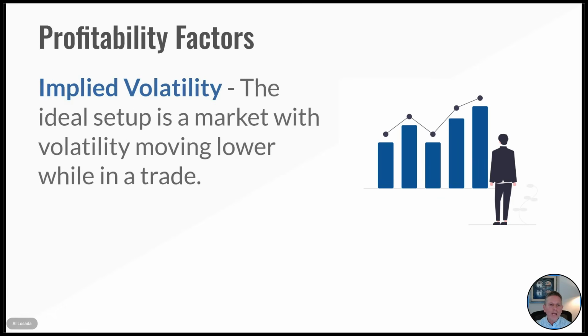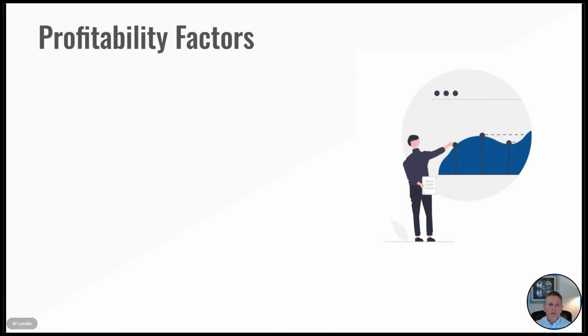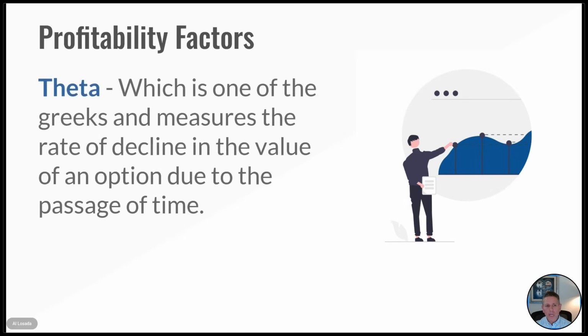Okay. All right. So implied volatility. The ideal setup is a market with volatility moving lower while in a trade. So other profitability factors is theta, which is one of the Greeks that measures the rate of decline in the value of the option due to the passage of time.